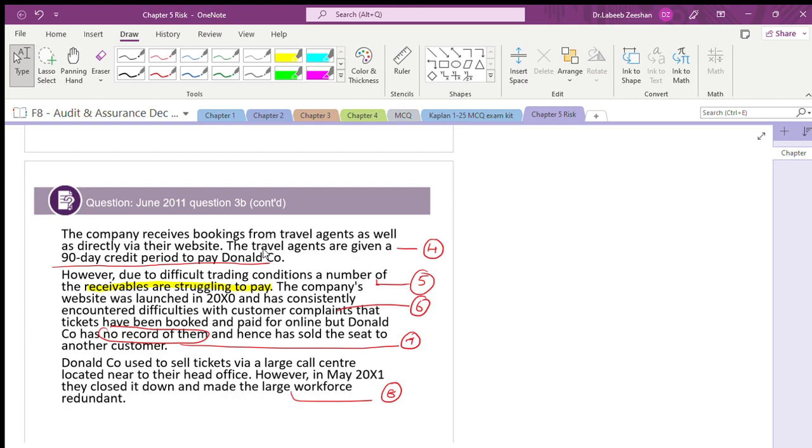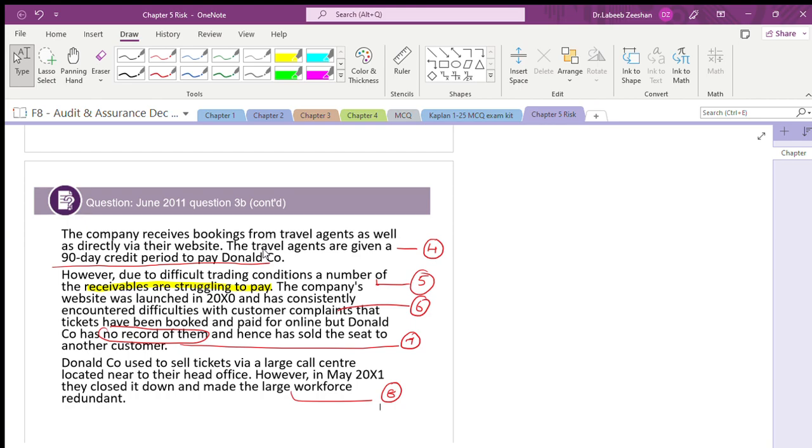Next is that the website has not been functioning properly. They say that they consistently encounter difficulties with customer complaints. They are selling the same ticket to 2 people, online as well as at the office.